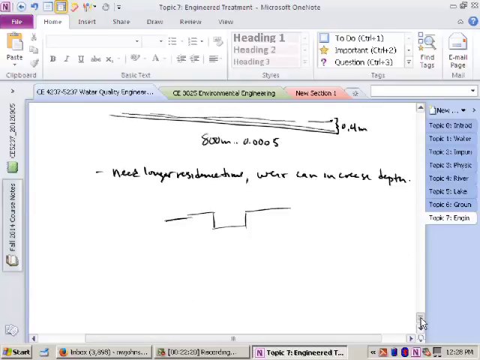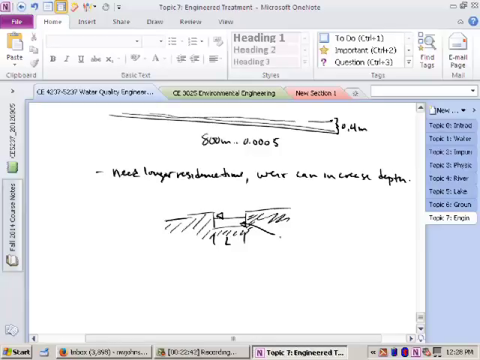For just considering a rectangular weir for the moment, if this is the length of a weir and the water surface is some distance above the weir, so this is sort of the solid weir, but the water is spilling over that.